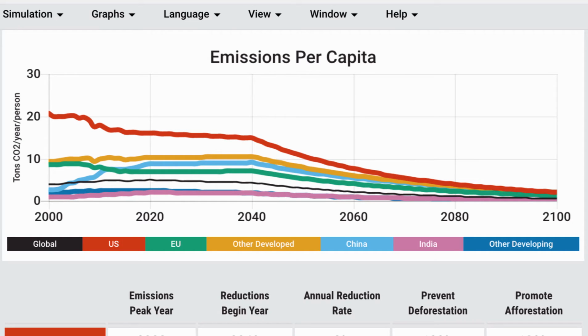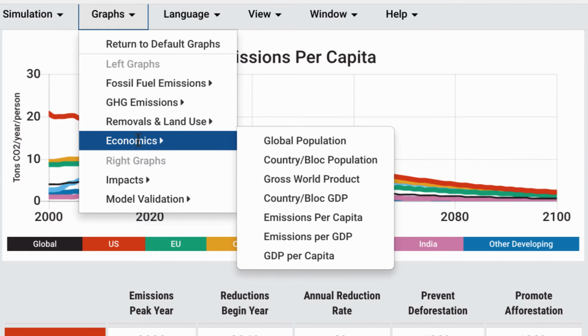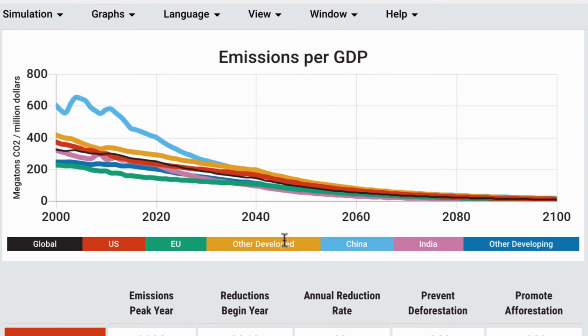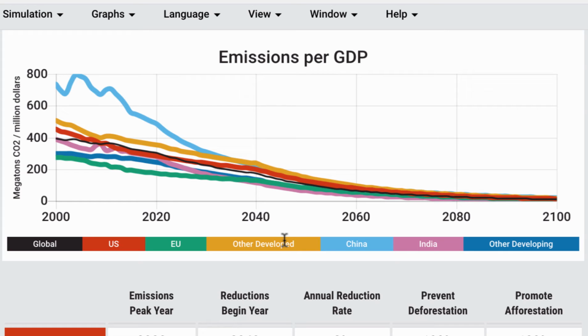Or wait, are they? There's another way of looking at this, and it's to say, how clean is your economy? How much are you emitting per dollar of GDP? Again, I can go to graphs, economics, emissions per GDP. This is emissions per dollar of your economy. So how clean is your industry? And here I find out China right now is the dirtiest economy by far.